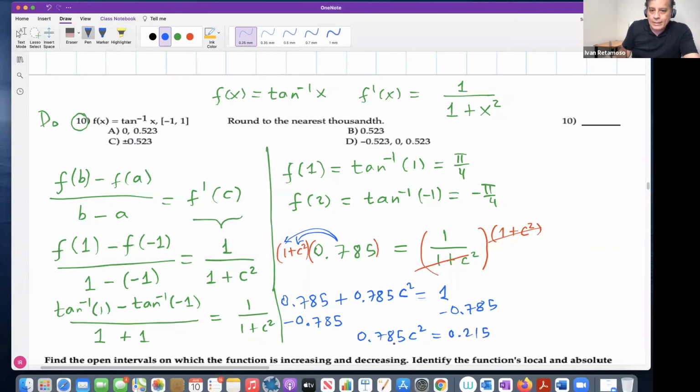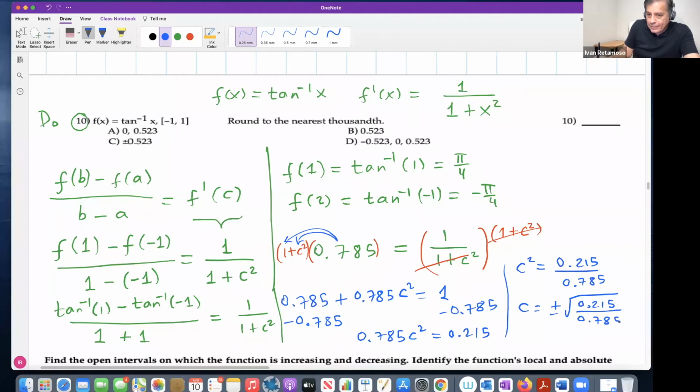Dividing both sides by this amount, you will get that c squared is equal to 0.215 divided by 0.785. Taking square roots, remember, you take the positive and the negative square roots, you get this, right?